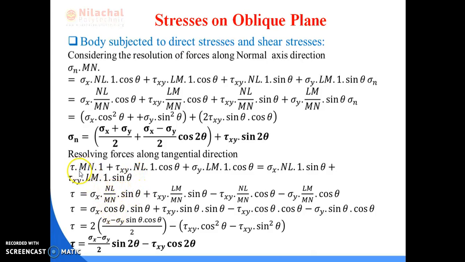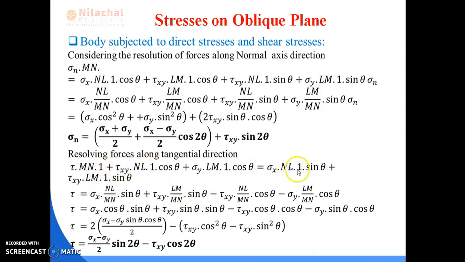Now for calculation of shear stress, all the 1s will be cancelled out. Now MN will be divided in each term of the forces. So first of all, sigma x NL by MN sin theta, tau xy LM by MN sin theta.